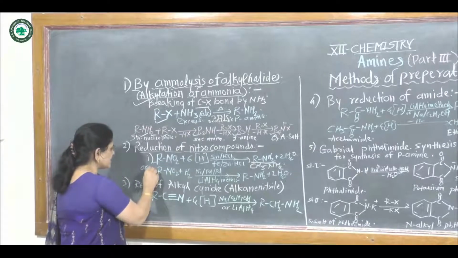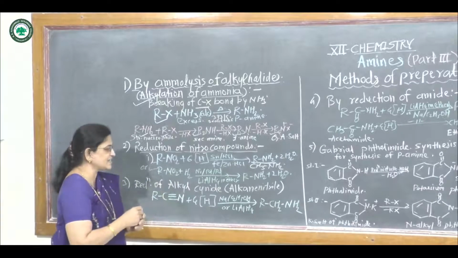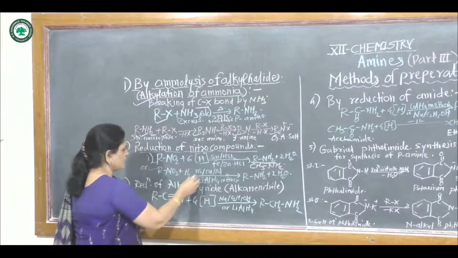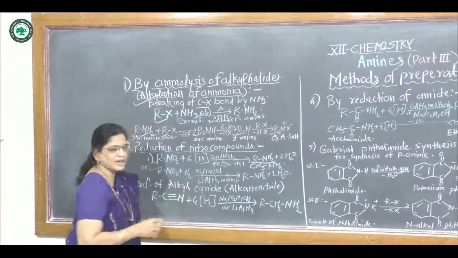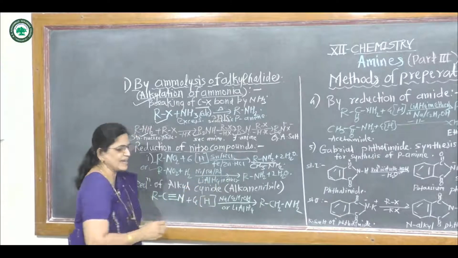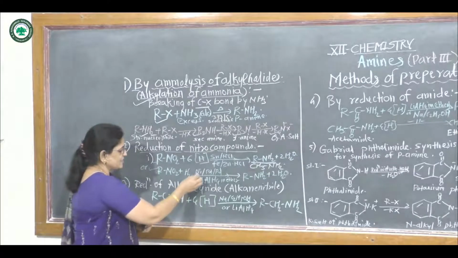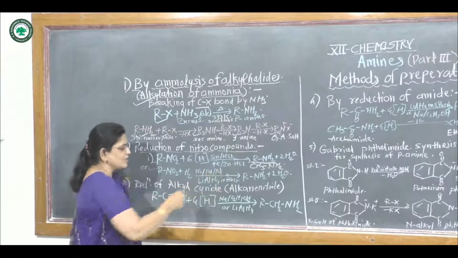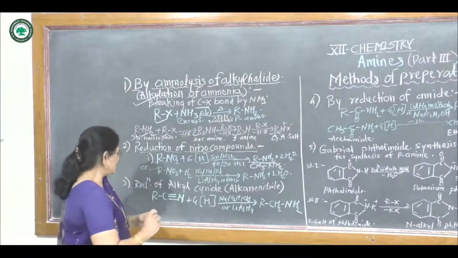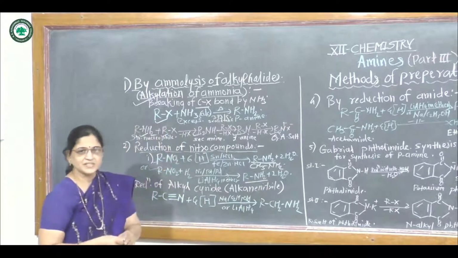Then the second reduction method is again for RNO2. This is called catalytic reduction, with H2 in presence of nickel, platinum or palladium, or also lithium aluminum hydride in ether. Then it gives RNH2, primary amine, plus H2O.